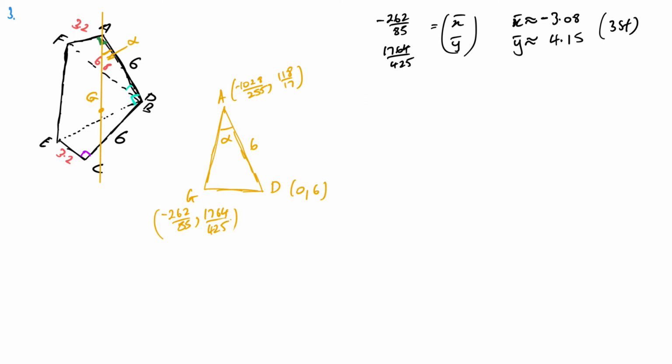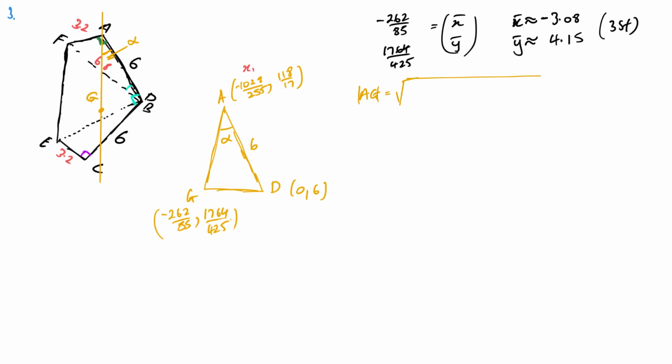So AG, obviously AD we know, AG is going to be the square root of the difference in y squared plus the difference in x squared. I'm just going to label them because I don't really want to have to write all of these things out.